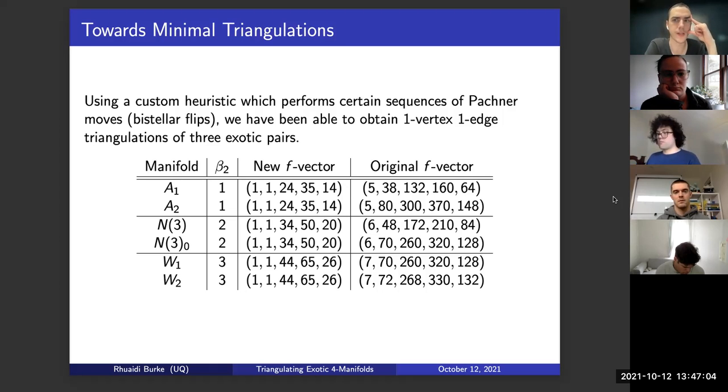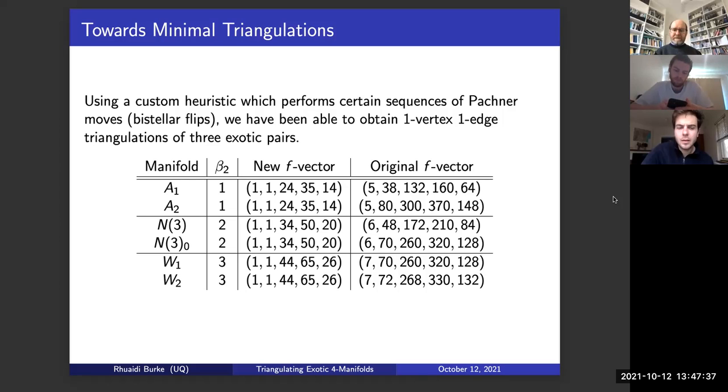But whether you can always get down to one edge is wide open. Other than needing to be simply connected, because otherwise you get stuff from first homology that interferes, there's no reason we would have expected this to work. So when it worked, it was awesome.